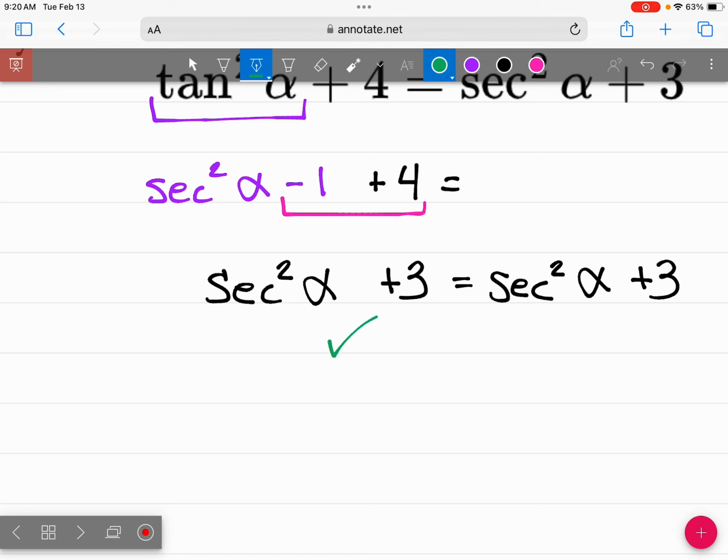So my left-hand side matches my right-hand side. And it would 100% work the other direction, to switch our secant squared out for tangent squared plus 1, and it would work 100% the other direction as well.